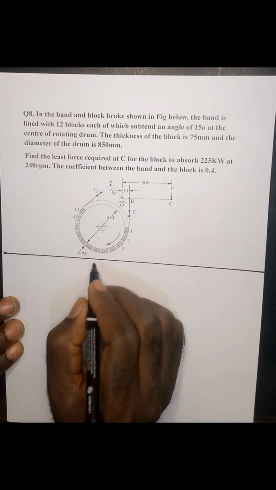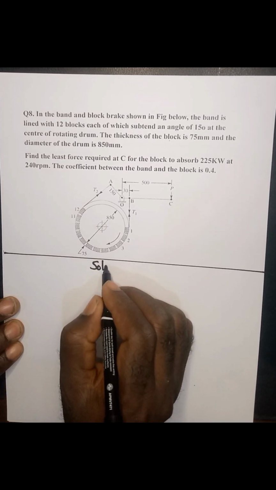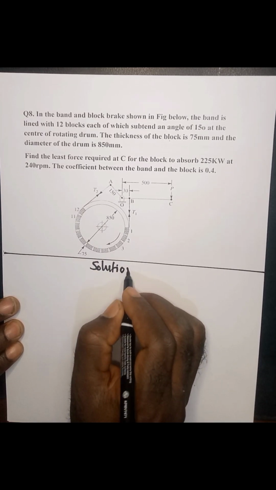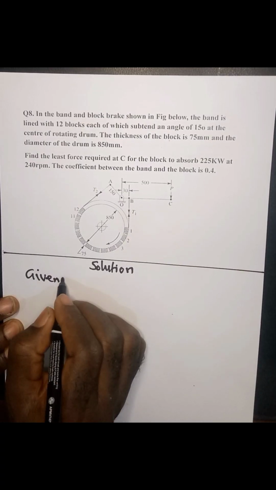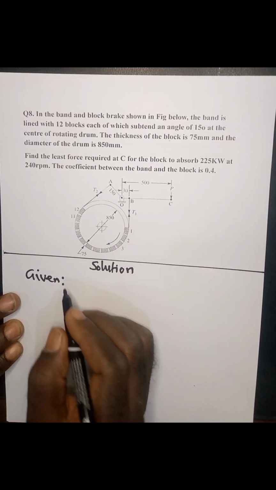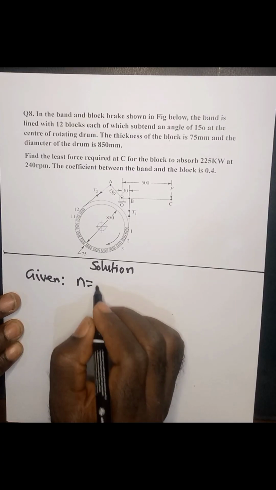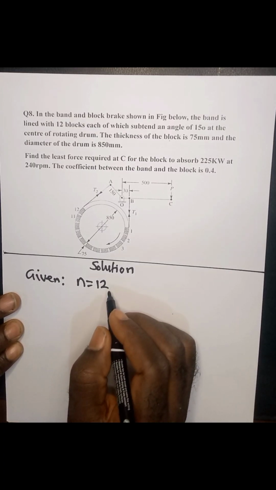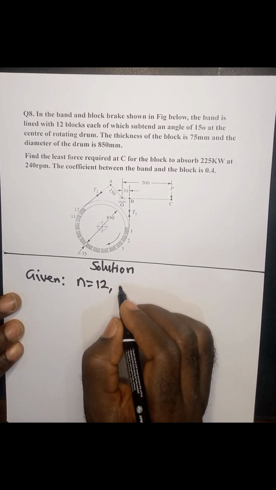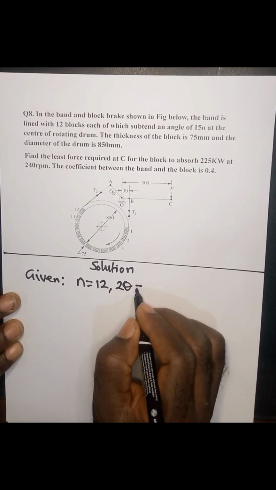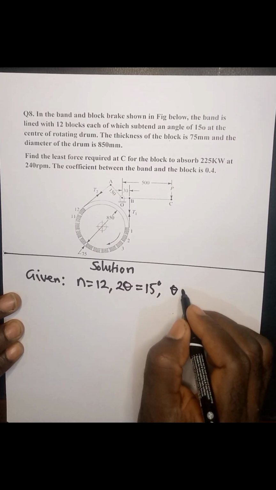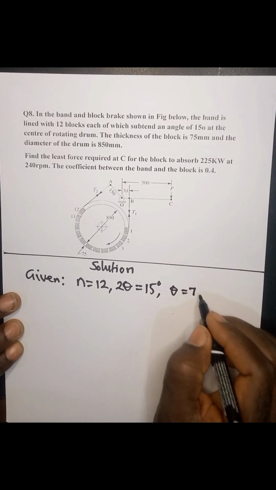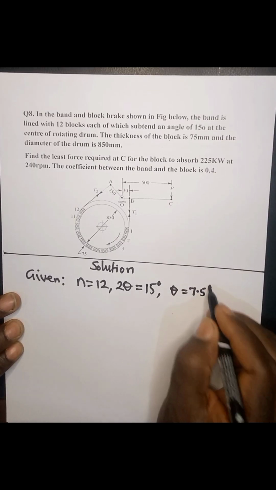Now let's begin. Solution. Let us take a look at our given. We're given the number of blocks n to be equal to 12. Then we're given the angle of wrap 2 theta to be equal to 15 degrees. From there, theta will be equal to 7.5 degrees.